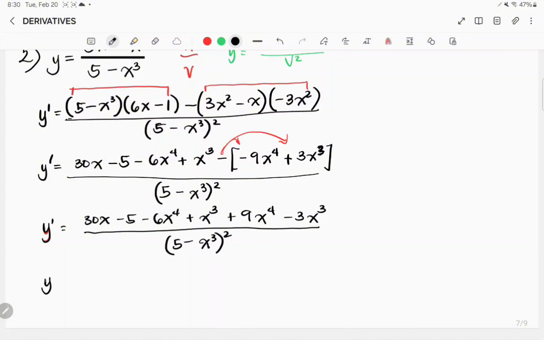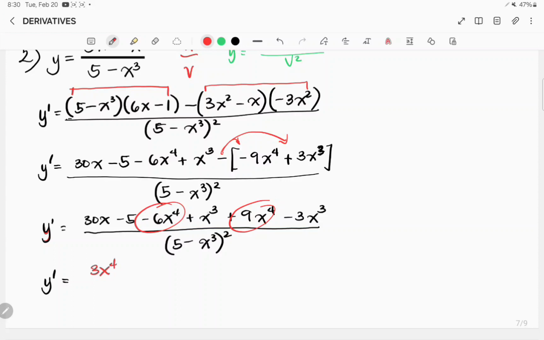And then we have to combine some similar terms in the numerator. We have negative 6x to the 4 and 9x raised to 4 is 3x raised to 4.